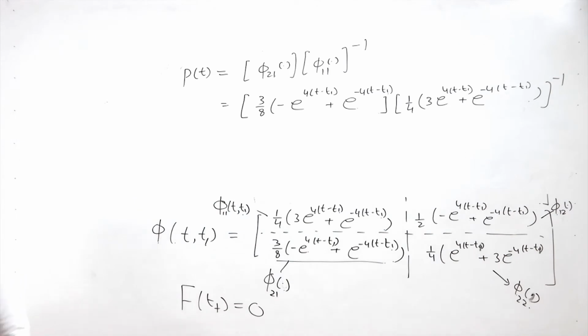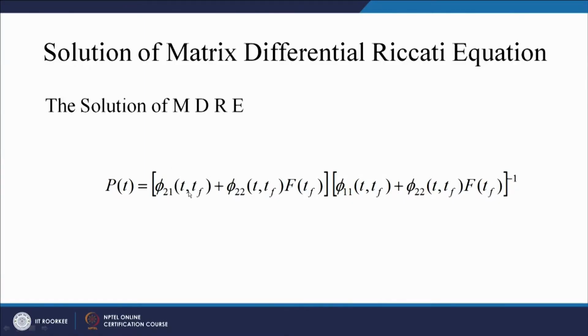So f of tf is 0, so this term and this term will not appear. So I am only left with φ21, φ11 inverse.